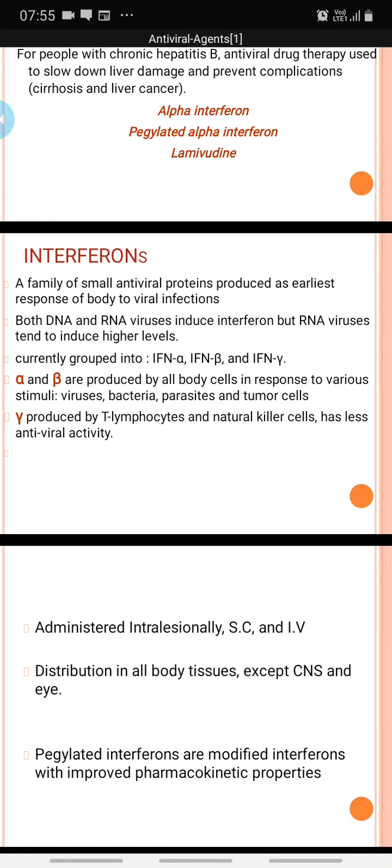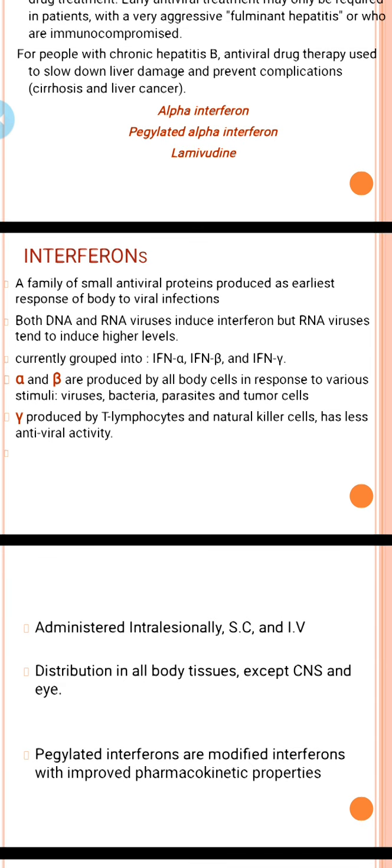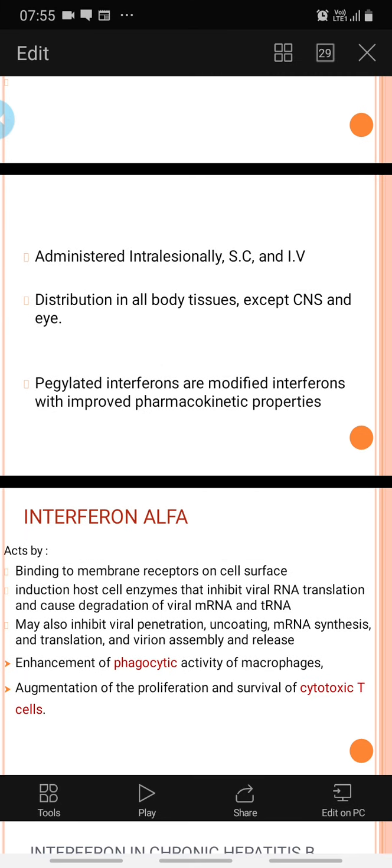Pegylated interferon, that means interferon combined with polyethylene glycol, is a modified interferon with improved pharmacokinetic properties. That means it has better penetration into most tissues as well as a longer duration of action. That's why it can be dosed less frequently. So interferon alpha acts by binding to membrane receptors on the cell surface.